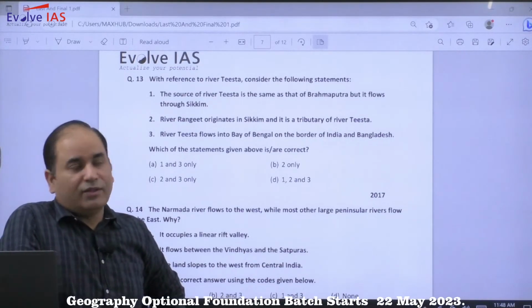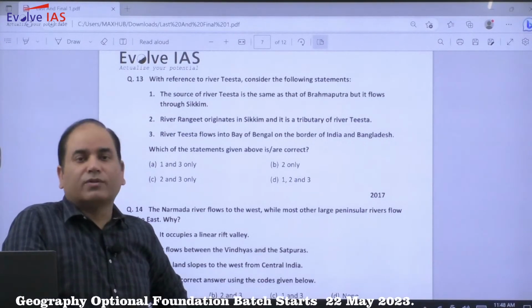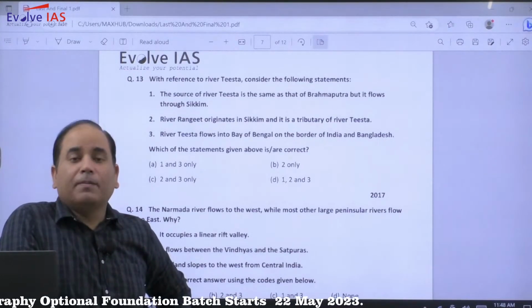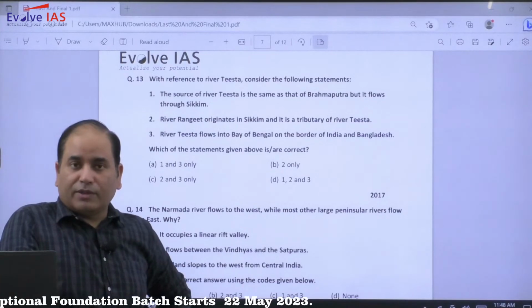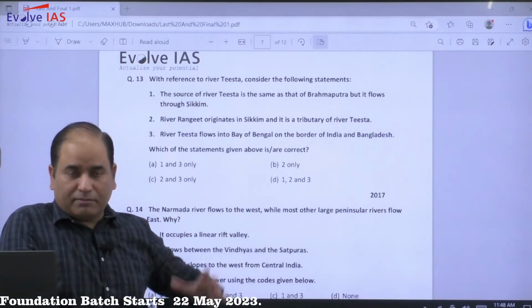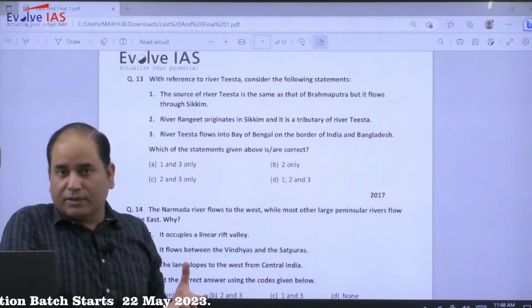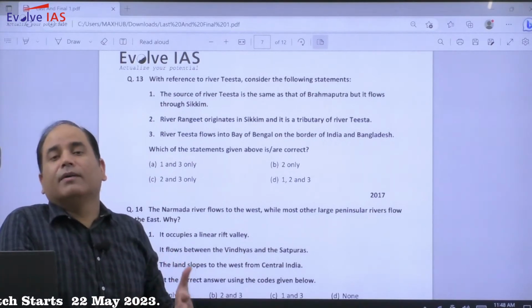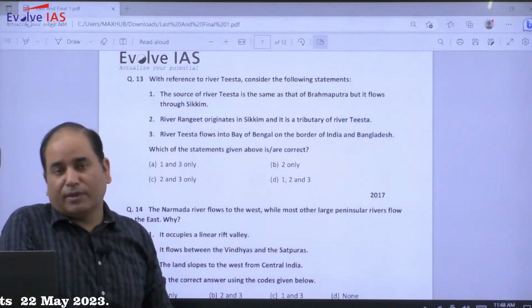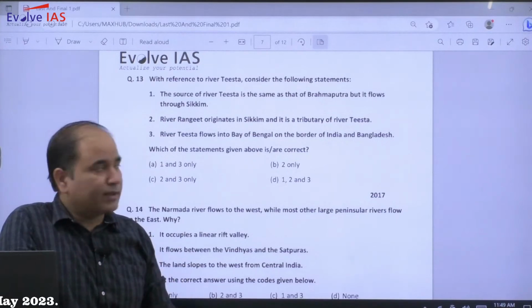This Teesta case is forceful. There was a very severe earthquake, and because of that a crack developed, and because of that crack the river started draining into the Brahmaputra in place of Ganga.